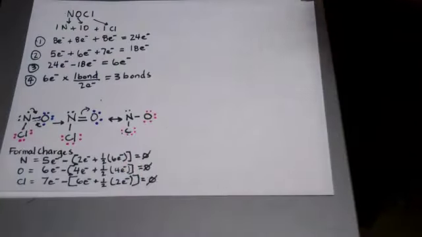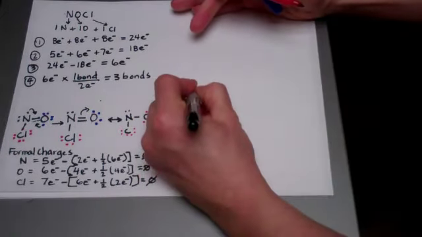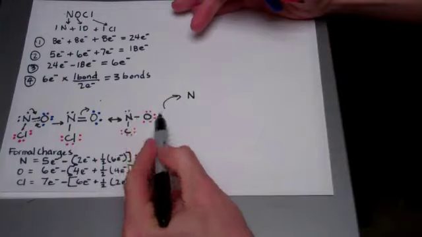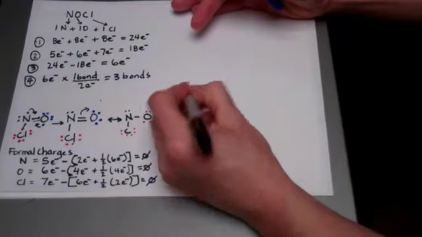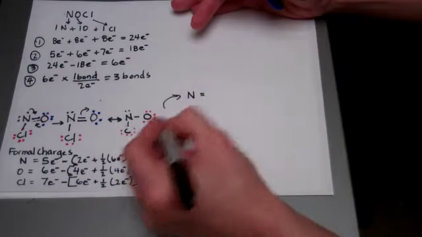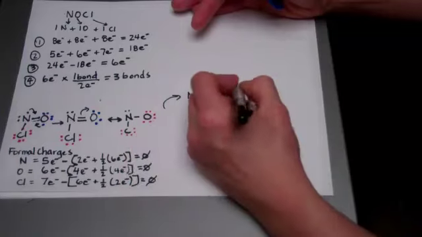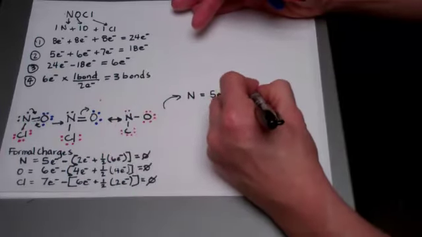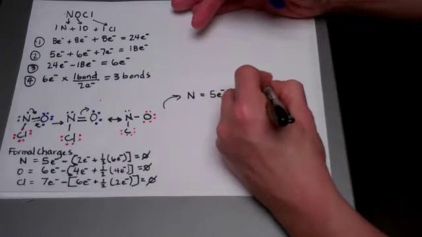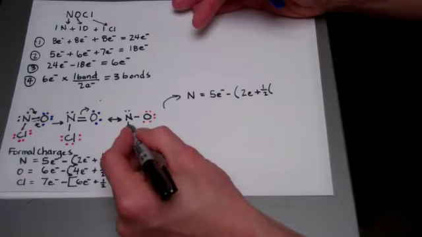So I'm going to move this, our guide, and we'll calculate the formal charges for this nitrogen and this oxygen. So if our molecule looks like this, our nitrogen formal charge is going to end up having 5 valence shell electrons still, minus the non-bonding electrons, which are 2 in this case, plus 1/2 of the bonded electrons, which in this case are 1, 2.